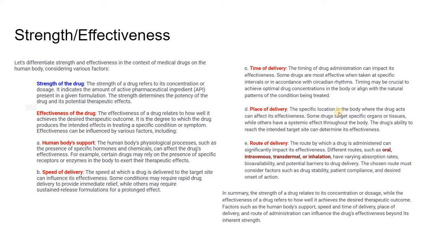The place of delivery, the specific location in the body where the drug acts, can affect its effectiveness. Some drugs target specific organs and tissues while others have a systemic effect throughout the body. So whereas I would say Shadbala is more of an overall strength for the entire horoscope, this Vimsopakabala is more for a particular area of life, maybe for the Saptamsa alone, Navamsa alone. So separately we can study Vimshapakabala. So I would think it is more localized.